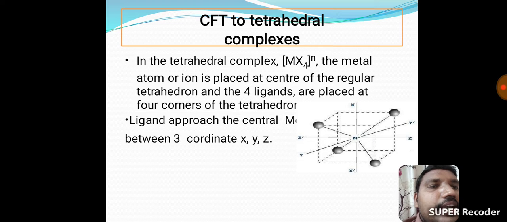In this diagram, the central metal atom or ion is placed at the center of the regular tetrahedron, and the 4 ligands are placed at the 4 corners of the tetrahedron. Ligands approach the central metal between the 3 coordinate axes x, y, z.